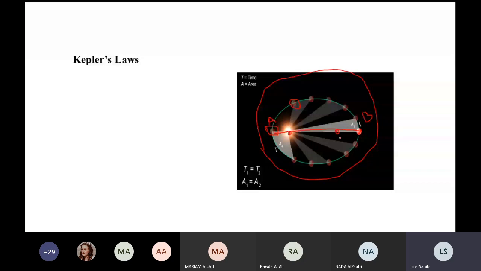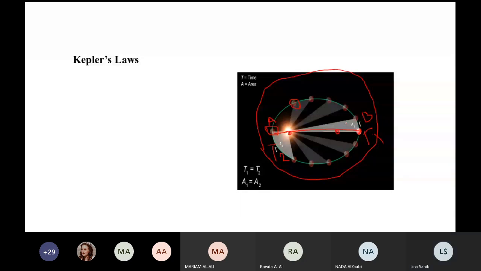Okay. The time taken here, we call it T2, as you see here. The time taken to finish this area, T1. Then, can you compare A1 and A2, the shadow areas here?